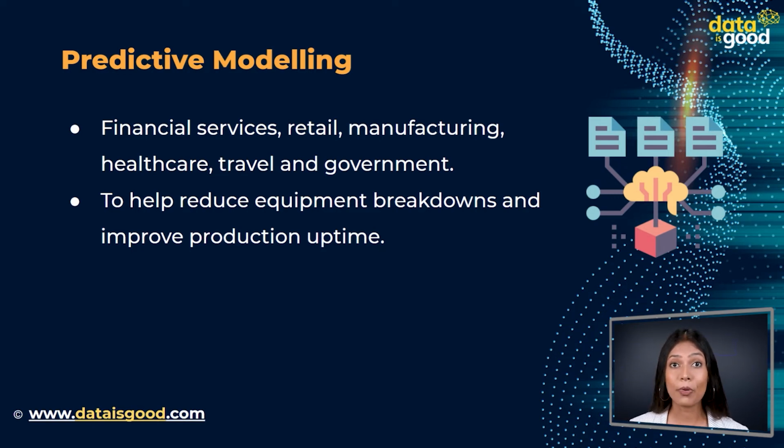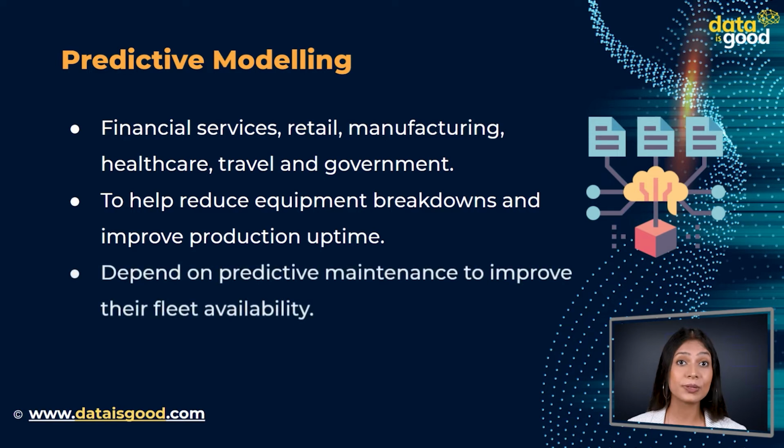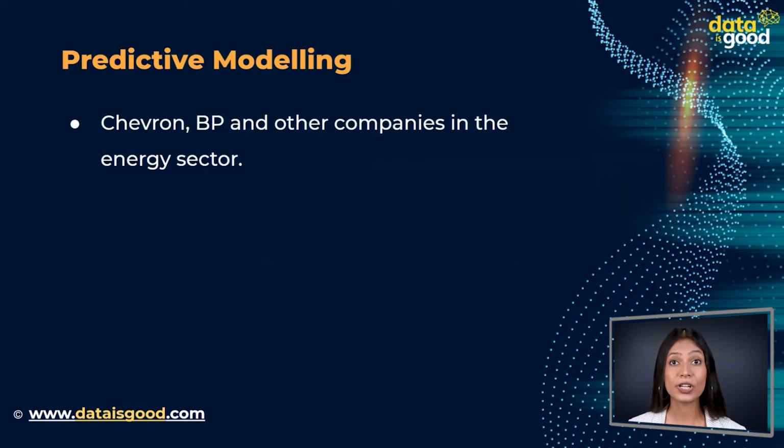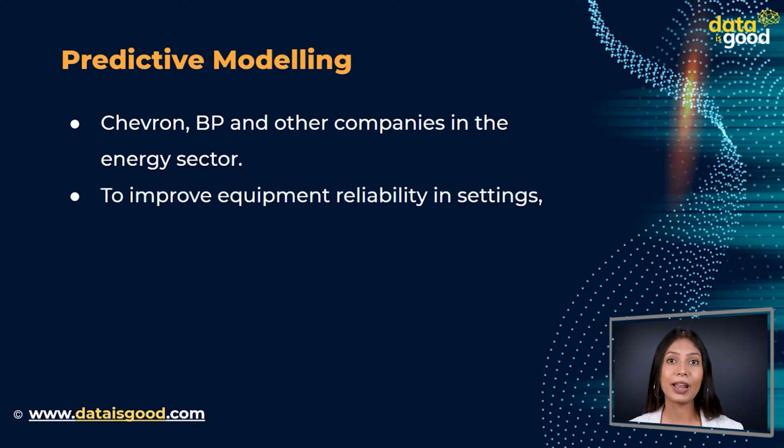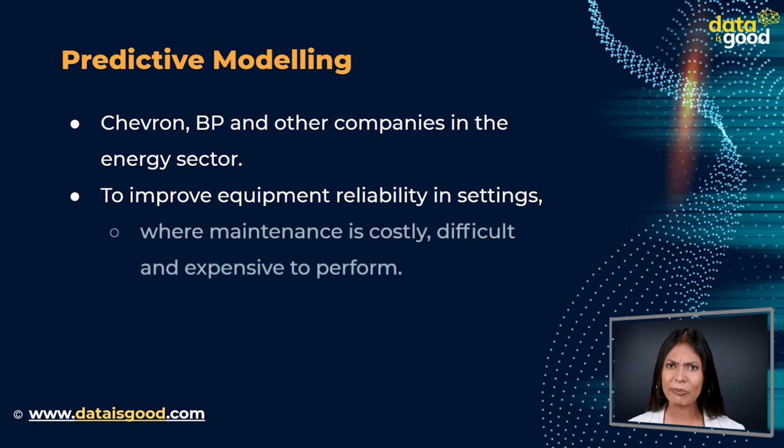Airplane makers Boeing and Airbus also depend on predictive maintenance to improve their fleet availability. Similarly, Chevron, BP, and other companies in the energy sector use predictive modeling to improve equipment reliability in settings where maintenance is costly, difficult, and expensive to perform.